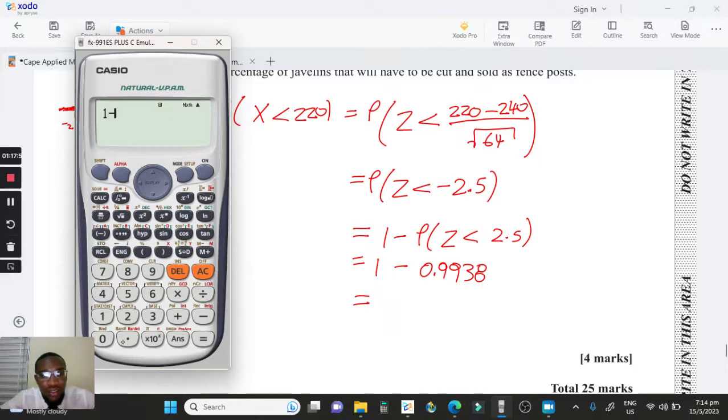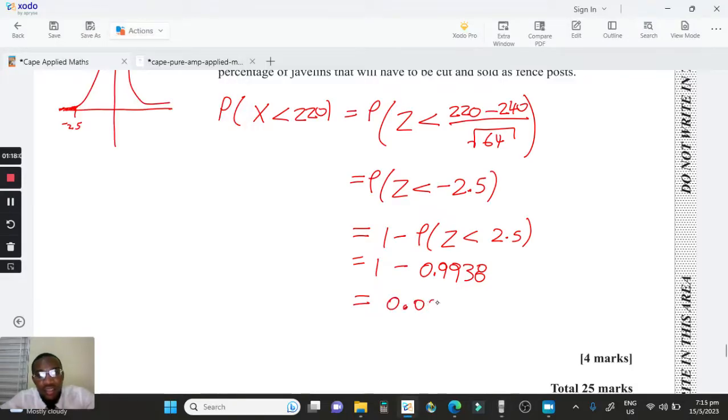1 minus 0.9938, which is 31 over 5,000. Multiply this by 100. This is 0.0062 as a decimal.